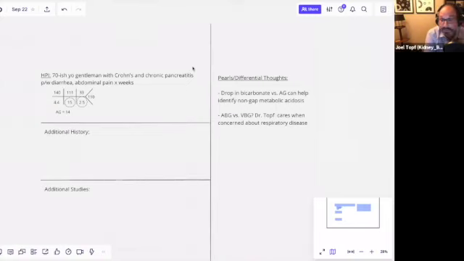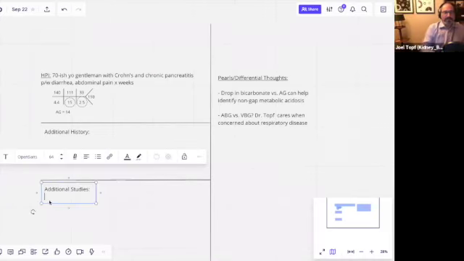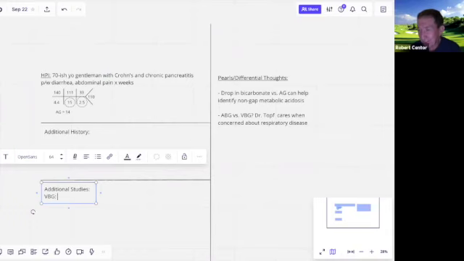But again, I'm sticking on my initial question. I want to make sure we're dealing with metabolic acidosis going forward. And then the other thing, let's give the VBG. We're going to give you the VBG right now because you keep asking for it. Yeah, and that is a great lesson in and of itself. If everybody doesn't learn anything else from this entire session, the fact that you better find out if you're dealing with an acidosis or an alkalosis is a great teaching point.